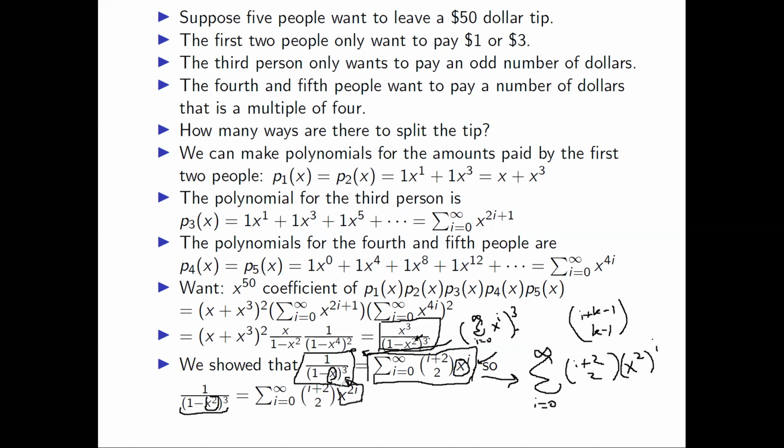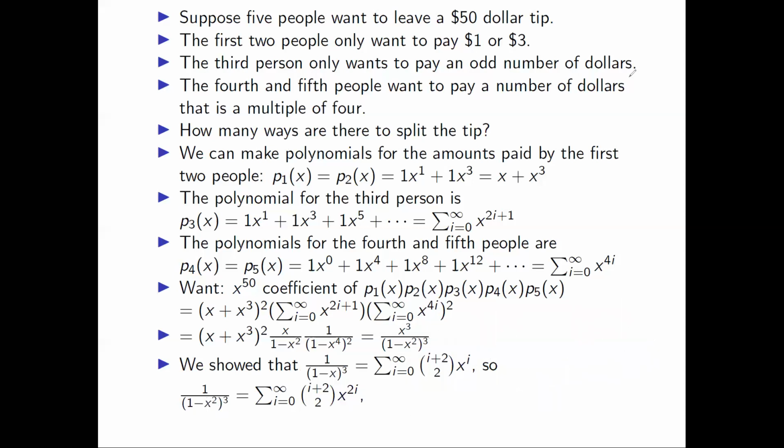So this is how we got this sum right here. So this sum is the sum when we have a 1 over (1 minus x) raised to the third. And this right here is the sum when we replace the x in this sum with an x squared. So the x to the i's became x to the 2i's.